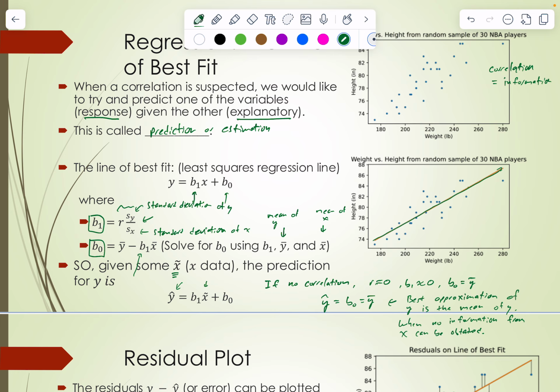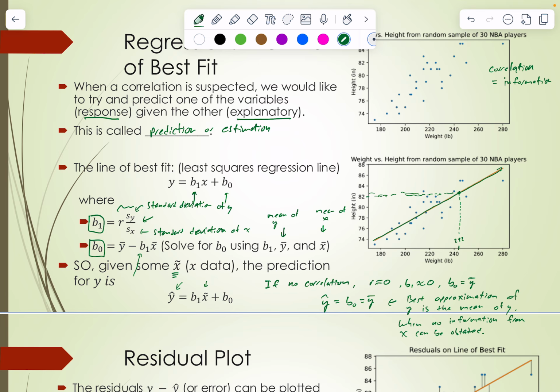So, for instance, if I had somebody that was 242 pounds, their y value, their height, is going to be somewhere over here, like 82, maybe 82 inches.